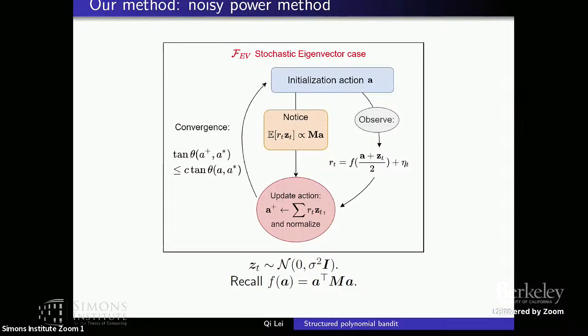How to do that is like we observe that if we sample the actions that is centered at the current action A plus some random Gaussian noise, and we calculate the reward times the noise, its expectation is actually parallel to M times A. This means if we do the update summation R_t Z_t, if we have sufficient samples, it will eventually concentrate to M times A. So if we do this update and repeat this procedure multiple times, this procedure is just similar to noisy power method.